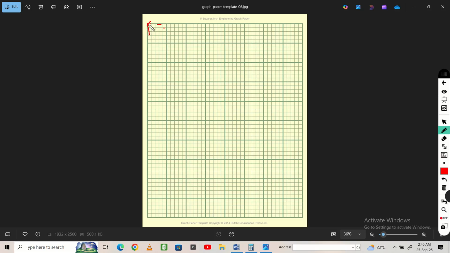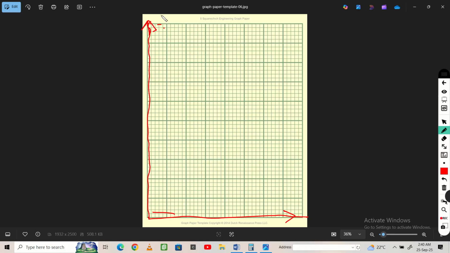You draw a straight line. My lines will not be straight since I'm using a pen and computer. Use a ruler, please, not free hands like I'm using. Then you draw your horizontal. I'm struggling to get it straight. You do that and you do that.